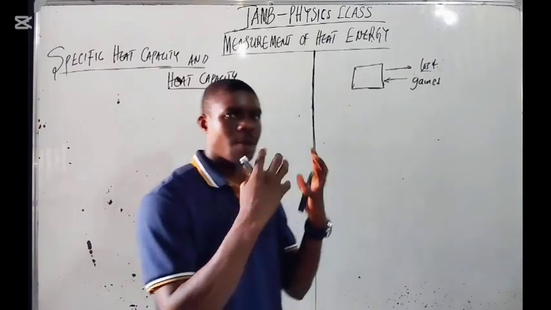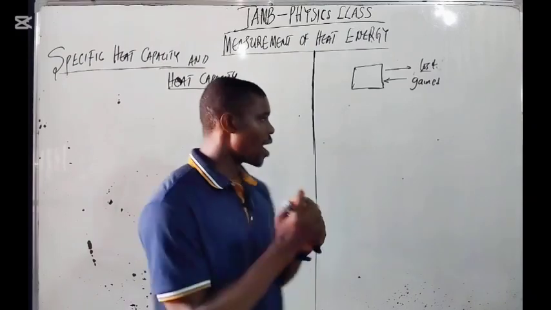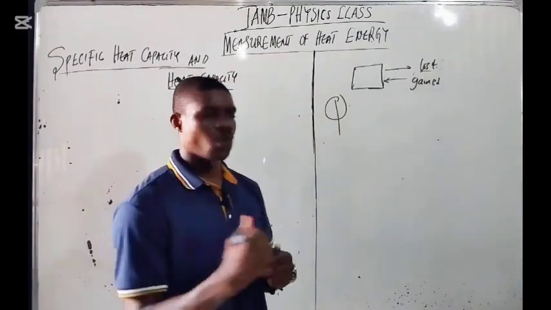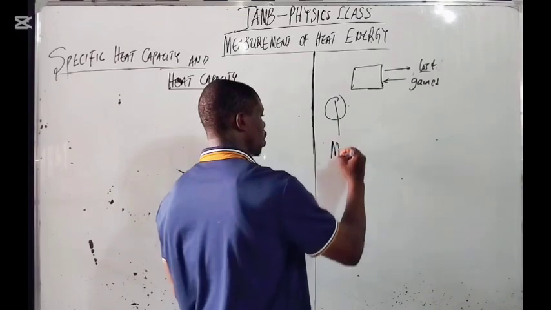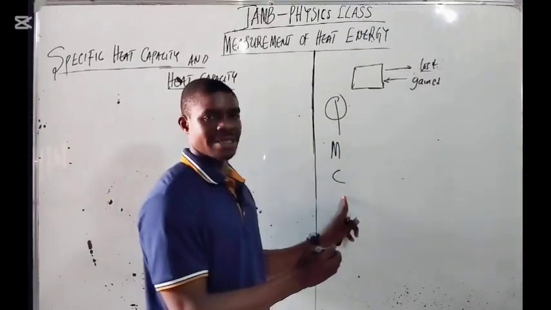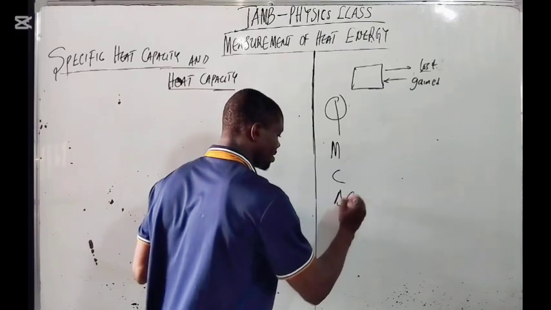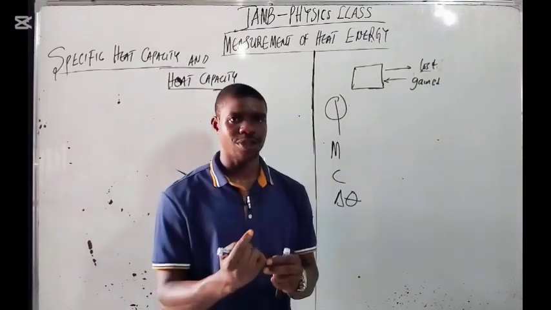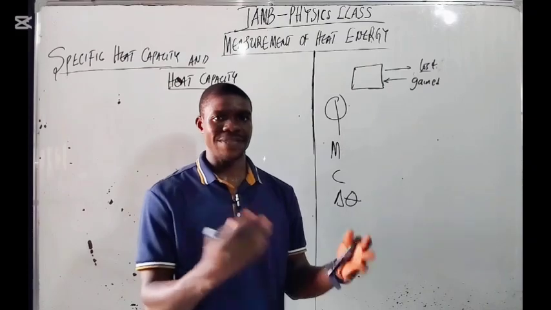So when we talk about specific heat capacity, you need to know the quantity of heat, the mass of the object, the specific heat capacity, and the change in temperature. These four parameters are what you use when it comes to heat capacity or specific heat capacity.